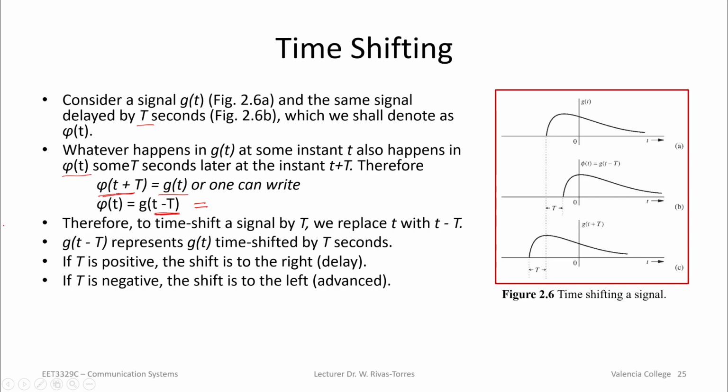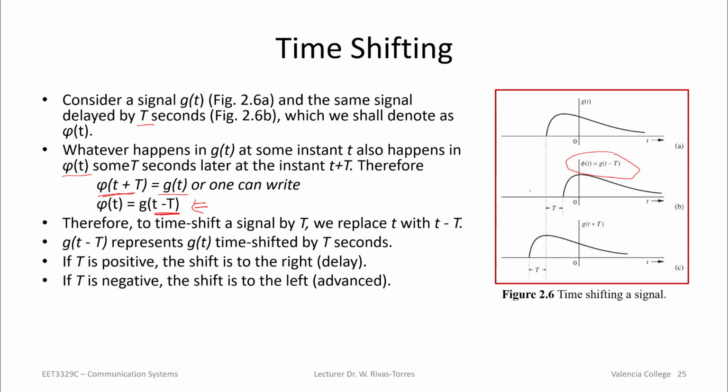So I was talking about how we normally look at this one for mathematical purposes. So normally you would see some expression that looks like this: phi of t equals g of t minus tau. Okay.